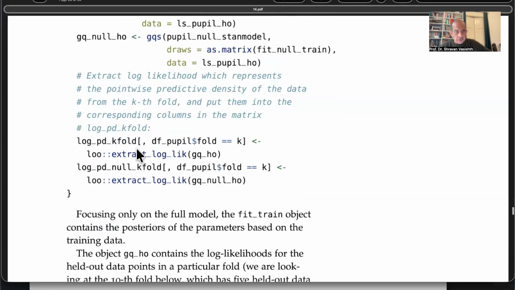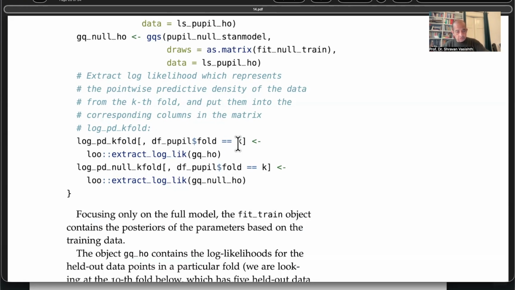So this is the extraction process, and these extracted log likelihoods for the 4 data points in the first fold are going to be put into the 4 columns that correspond to the first fold. Remember, k is equal to 1 in the first iteration.